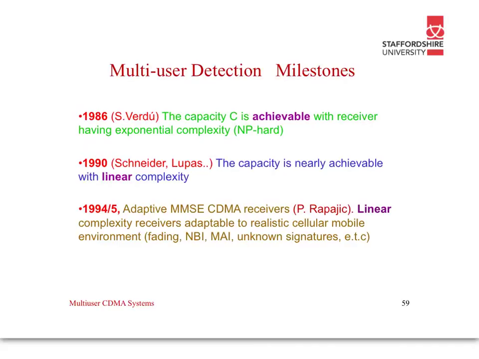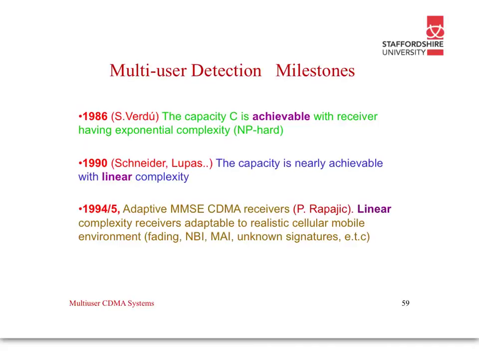So this is the history of multi-user detection. In 1986, so not that long ago, S. Verdu defined that the capacity C is achievable with a receiver that has exponential complexity. In 1990, the capacity is nearly achievable with linear complexity. So we want a less complex receiver when we want to achieve the channel capacity.